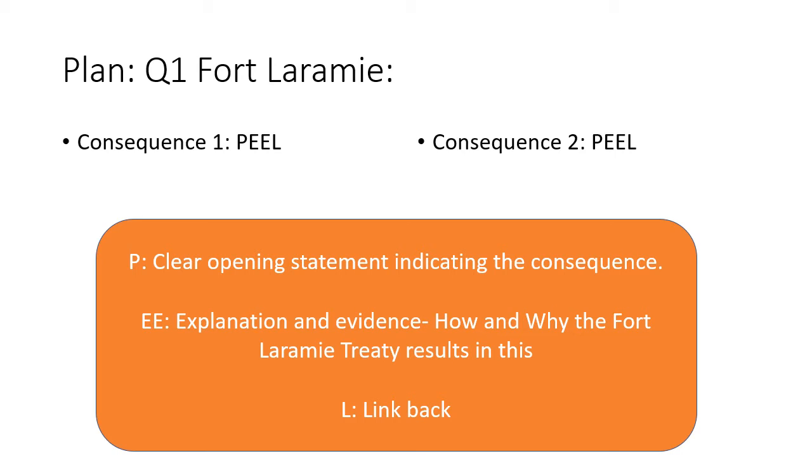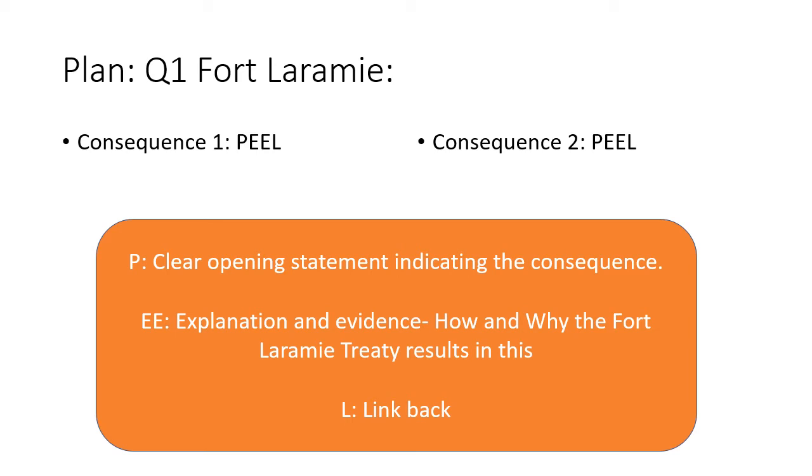So you need to think about a clear opening statement indicating the consequence you intend to explain. You then need to jot down evidence and the ideas behind that consequence, and you need to remember to jot down a reminder to link back to the question focus at the end of that paragraph.